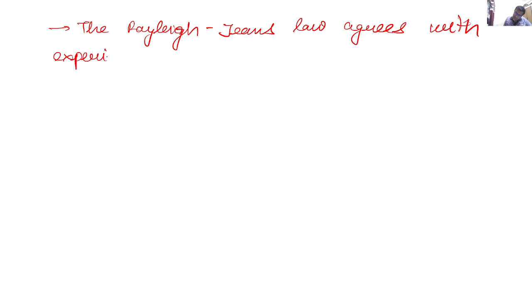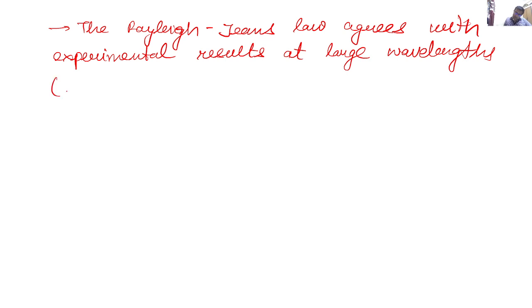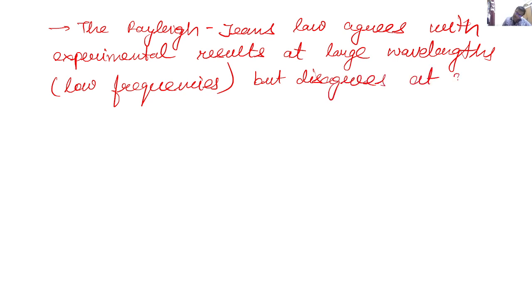The Rayleigh-Jeans law agrees with experimental results at large wavelengths or low frequencies, but disagrees at short wavelengths or high frequencies.